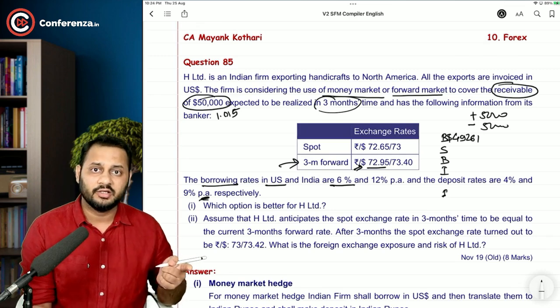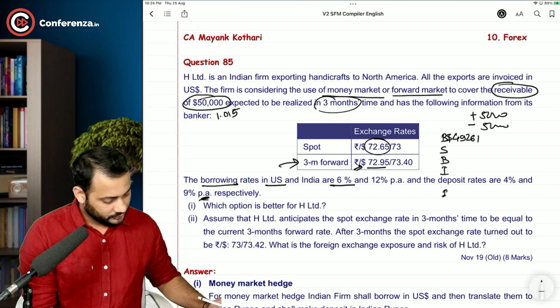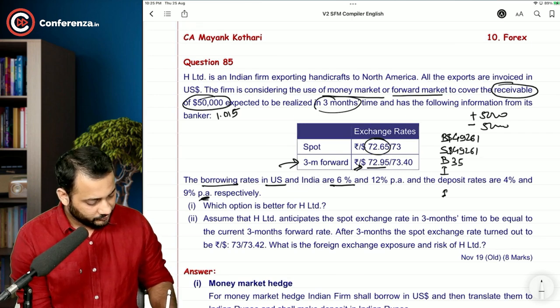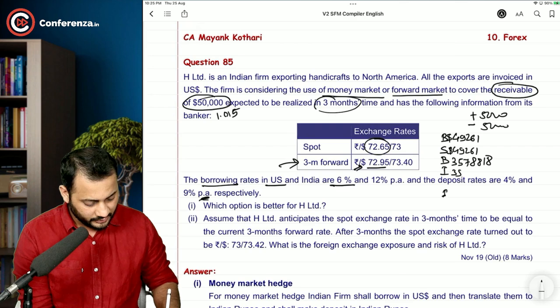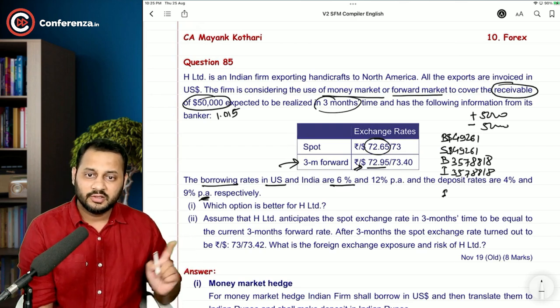After that, this is the dollar. You will sell it. Bank will buy it at spot 72.65. You will sell this $49,261 and get 3578818 rupees. Invest 3578818 rupees.